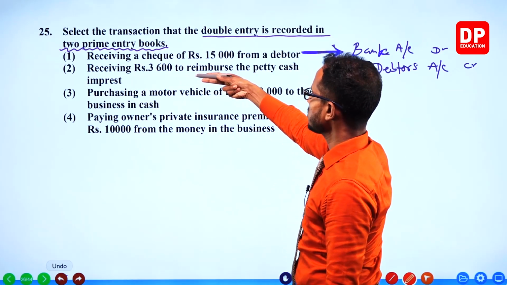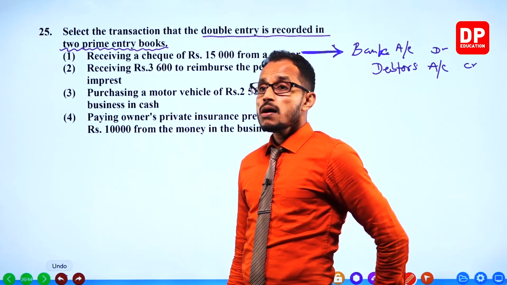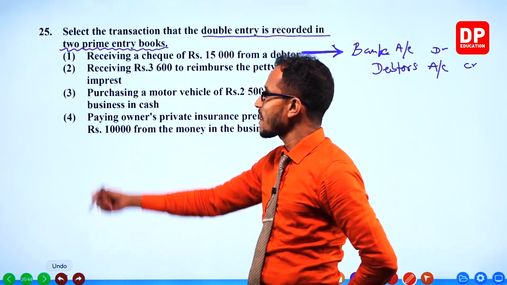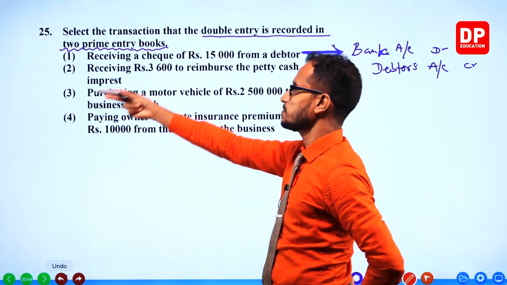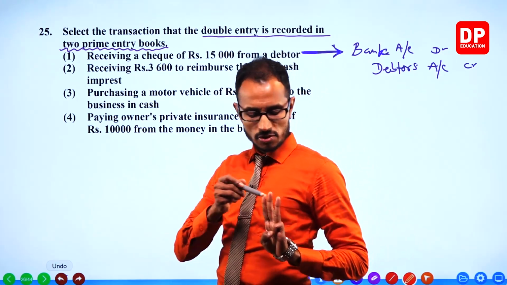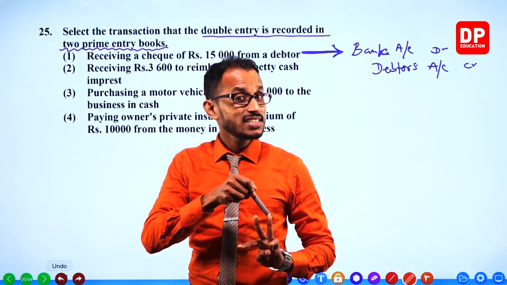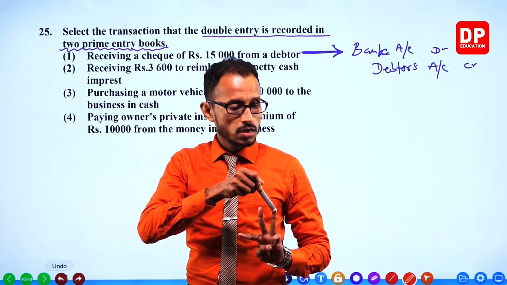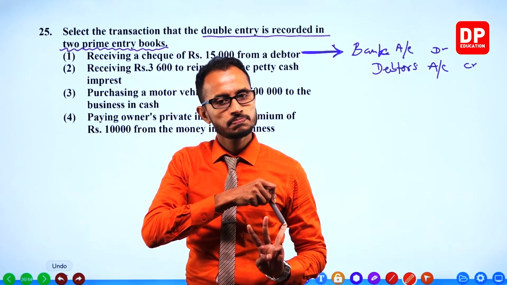Receiving 3,600 to reimburse the petty cash imprest. What are the 3 prime entry books I told you about? Prime entry books which act as ledger accounts: cash book, bank book, petty cash book.